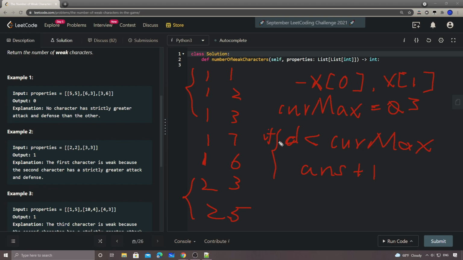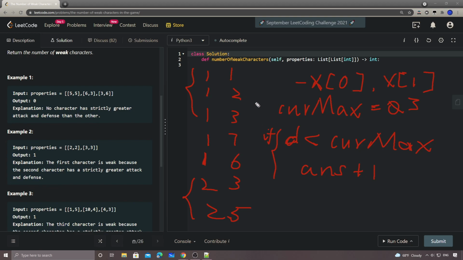In order for this to be true, first we have to move to another group which has a smaller attack, because within the same group this will never be true. So whenever this is true, we're sure we're in a strictly smaller attack group now.